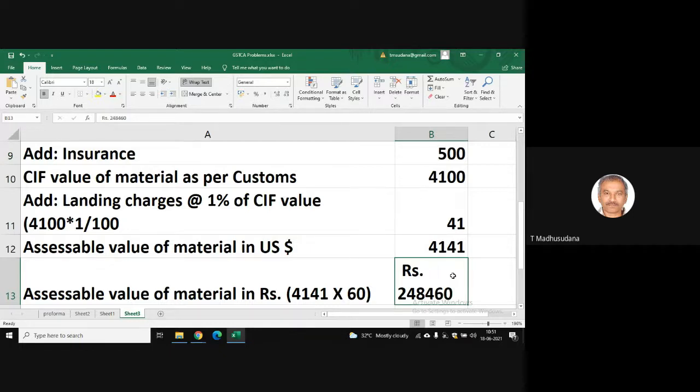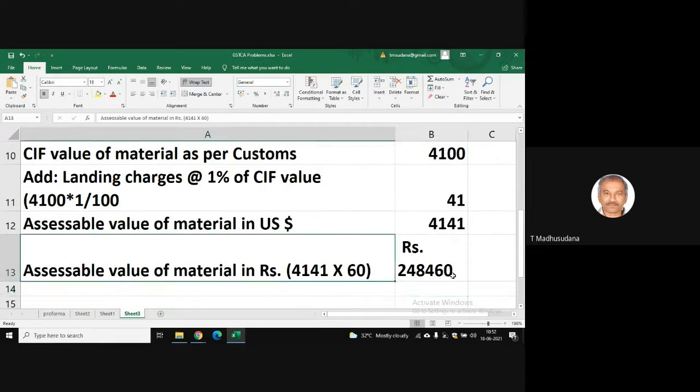So this is in US dollars, but this is to be converted into Indian currency, because the customs officers will levy on the Indian rupees value, the assessable value in Indian currency. Therefore, 4141 into 60. What is the 60? 60 is the exchange rate fixed by the CBEC. Here in this problem, two exchange rates have been given, one is the bank exchange rate and one is the CBEC exchange rate. We have to take into account the CBEC exchange rate.